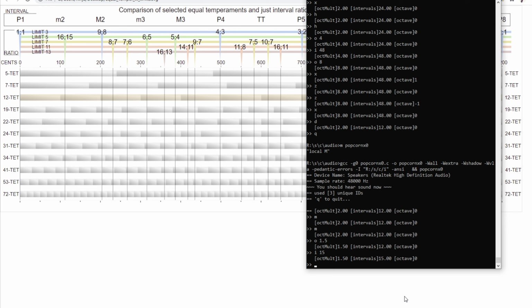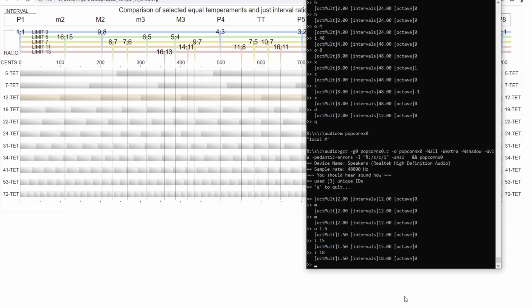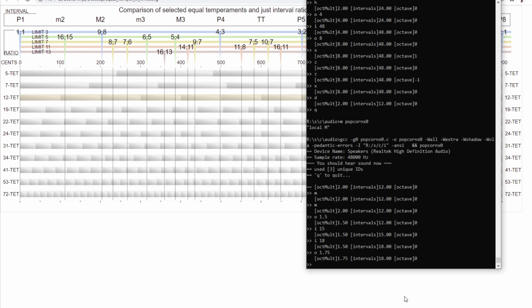Or we can also do it with a quarter, that will make 18. Oh yeah, but I guess I should make it 1.75. Yeah, that's right.